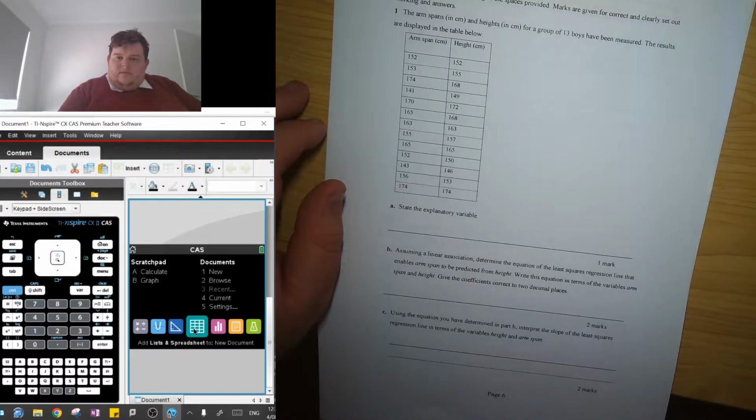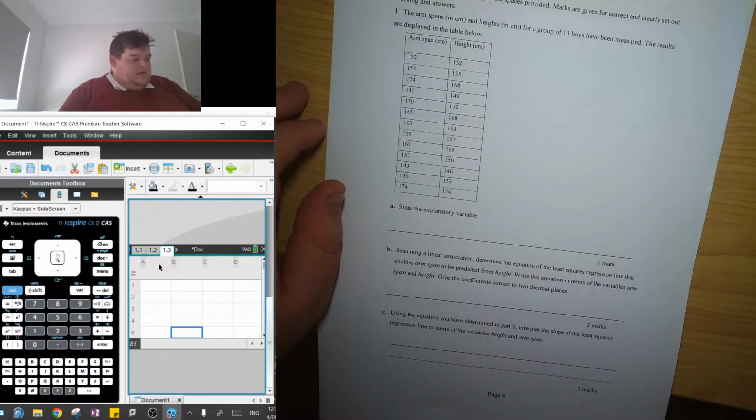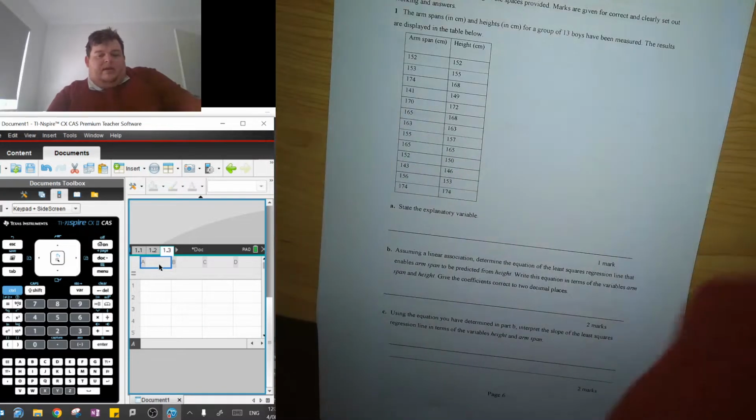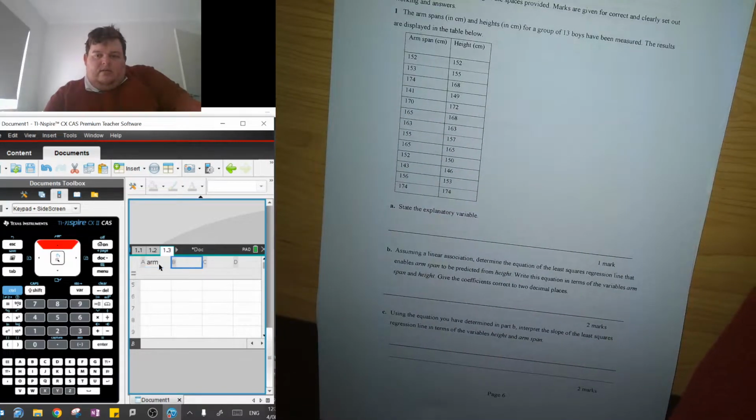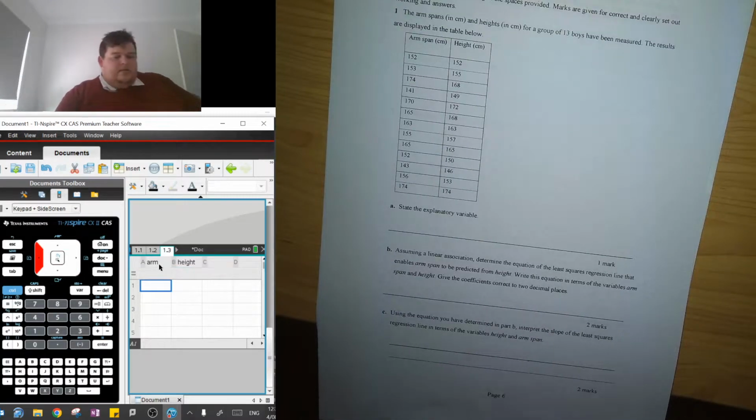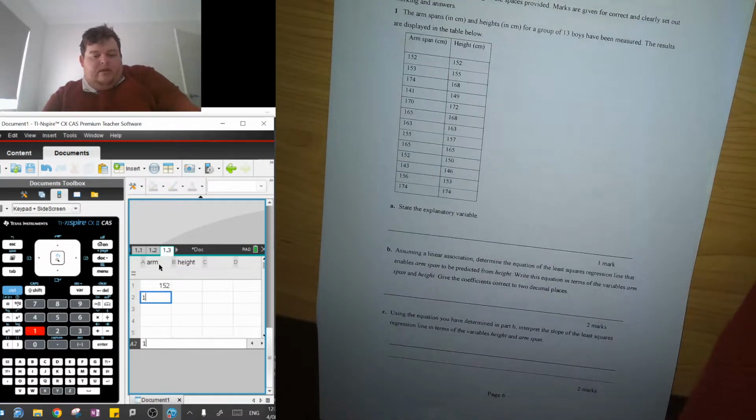All right, new spreadsheet. This one's going to be arm span and height. And we have our arm spans that we type in.